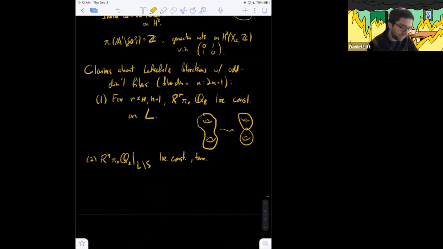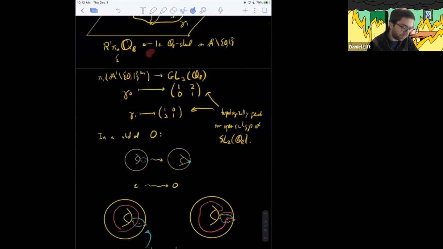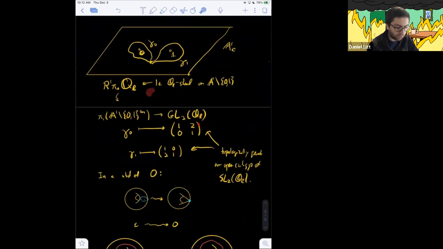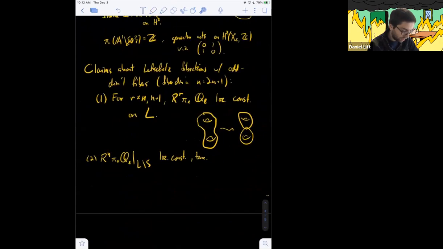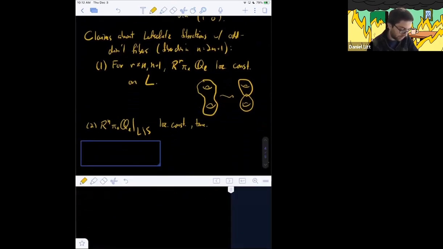Here this example was in characteristic 0, but you can see why that ought to be true: this representation has an abelian image. Great. And then local constancy just follows from the smooth and proper base change theorem. That's not really anything special about Lefschetz fibrations, except for smoothness and properness of the fibers.